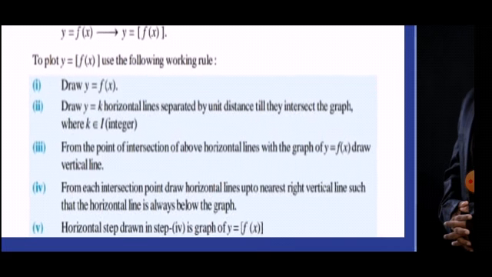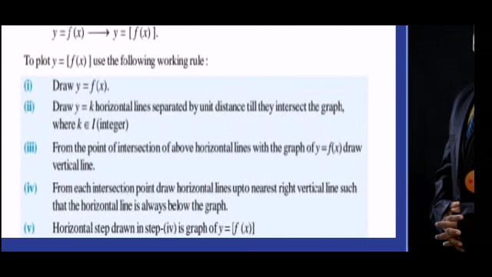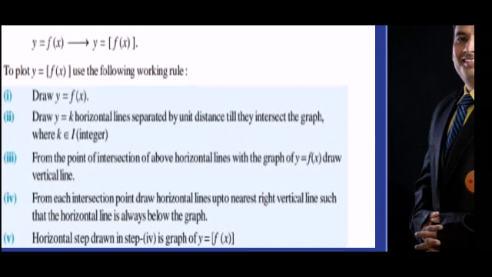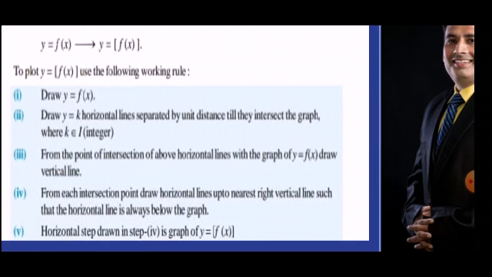For y = [f(x)], we have these steps. Step 1: draw y = f(x). Step 2: draw the horizontal lines y = k, separated by unit distance, till they intersect the graph, where k belongs to the integers. Step 3: from the points of intersection of the horizontal lines with the graph of y = f(x), draw vertical lines.